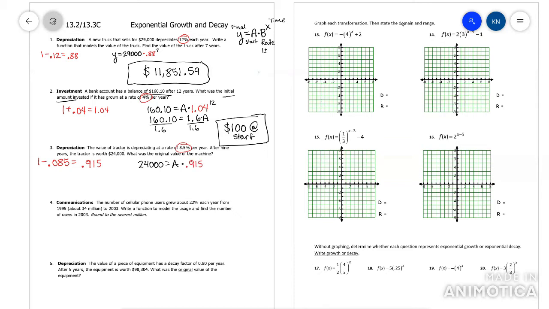and then look for time. So they say after 9 years, like this. All right, so all you gotta do is get a value for this 0.915 to the 9. 0.915 to the power of 9 is 0.45. And so to finish solving this, just divide by 0.45.